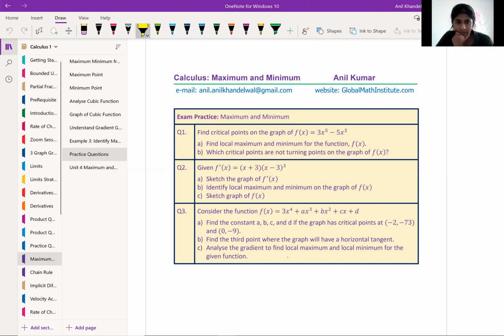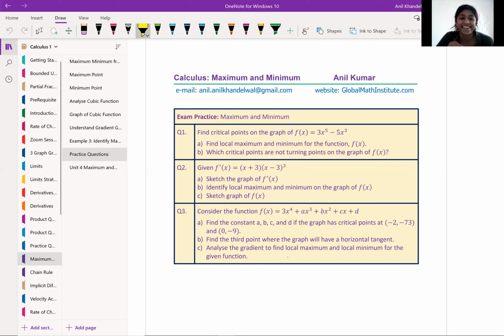Now, please read question number 2. Given f prime x equals (x plus 3)(x minus 3) whole cubed. A. Sketch the graph of f prime x. B. Identify local maximum and minimum on the graph of f of x. And C. Sketch the graph of f of x.